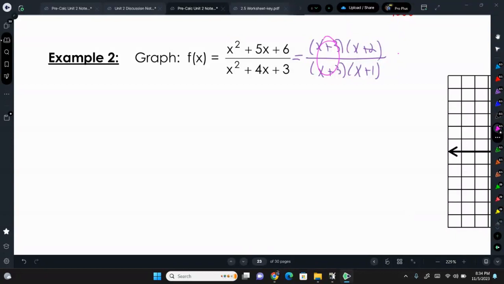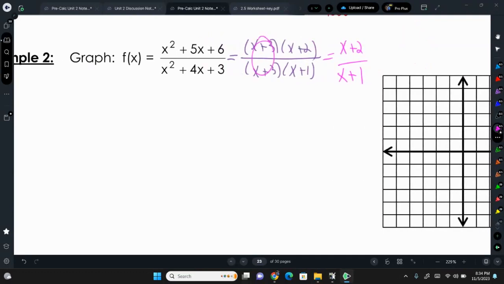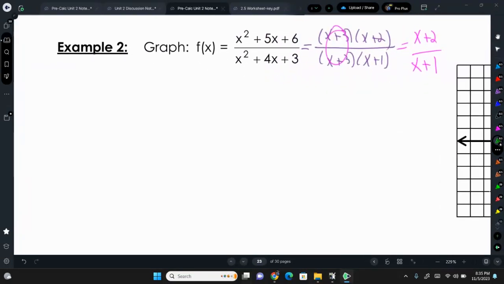They would cancel, and we'd be left with x plus 2 over x plus 1. So we do have a hole at x equals, or sorry, x equals negative 3, because that's what makes this factor 0. So we will want to write that down in a minute.